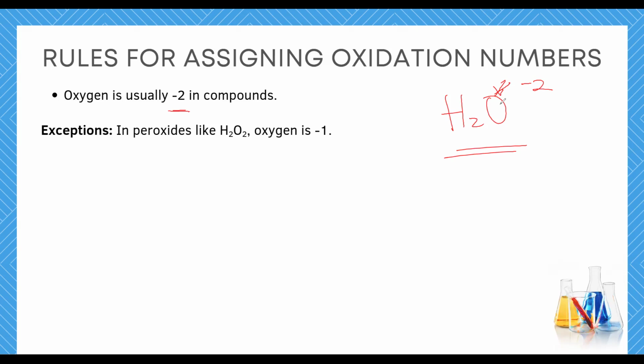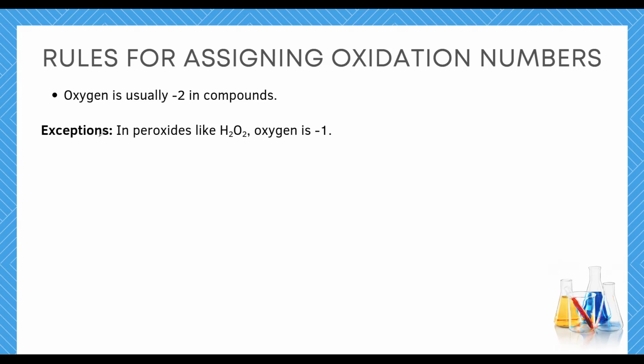But the exception is that when you have a peroxide, like hydrogen peroxide, H2O2, the oxidation number of oxygen is usually -1. I'm going to show you how, okay? But for now, just know that usually in compounds, the oxidation number of oxygen is -2.